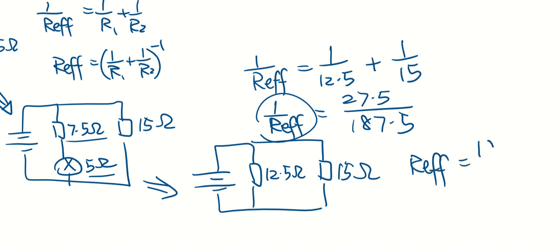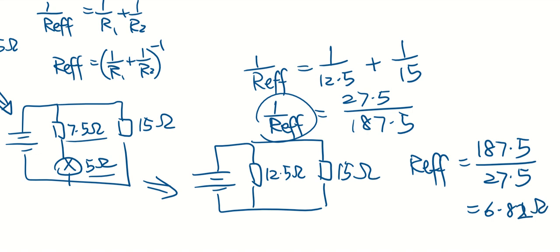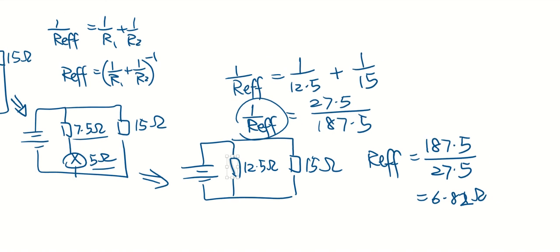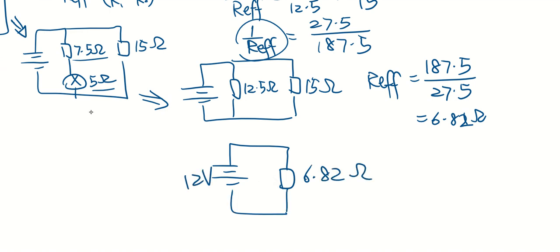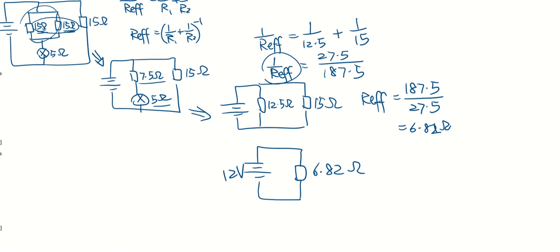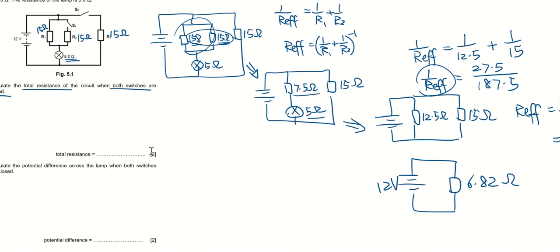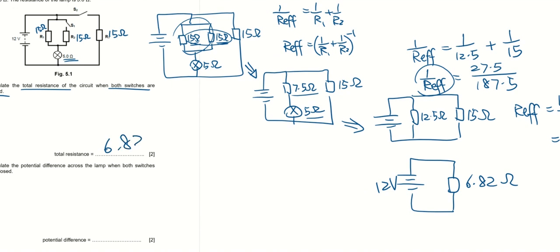REFF equals 187.5 over 27.5. If I do my calculation, it will be 6.82 ohm. So the effective resistance is 6.82 ohm, and this is a very simple circuit, right? Because there's only one resistor, the effective resistance. So I'll get 6.82 ohms.